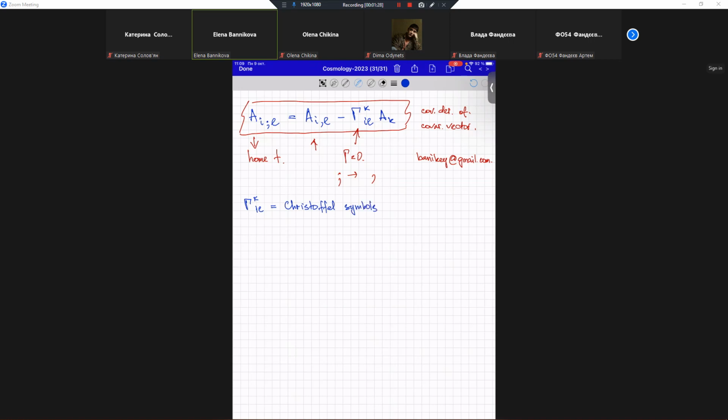They are also called affine connection. We can use Christoffel symbols.